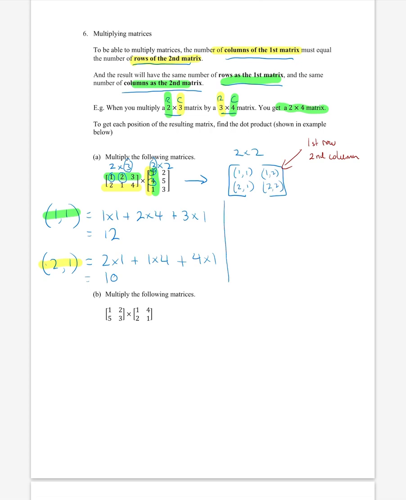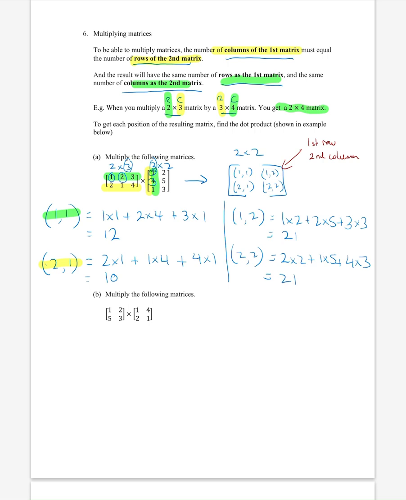If I keep going, doing the same pattern, I'm going to get these 2 values, 1, 2, and 2, 2, so we get 21, and then 2, 2, we have 2 times 2 plus 1 times 5 plus 4 times 3, which is also 21.